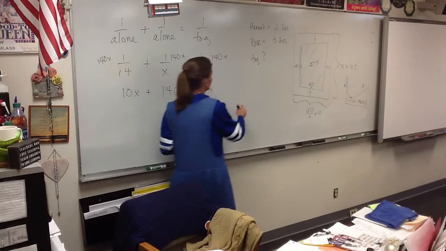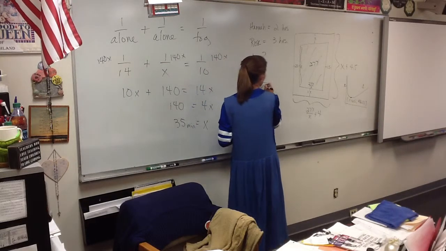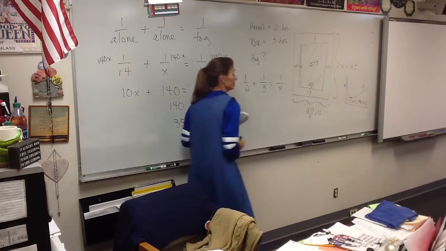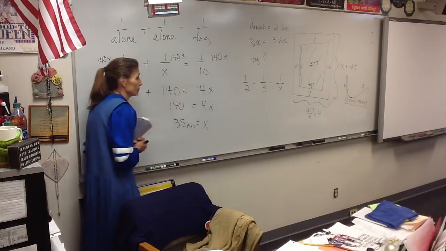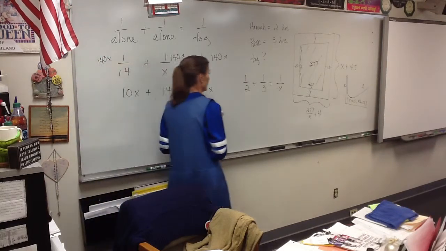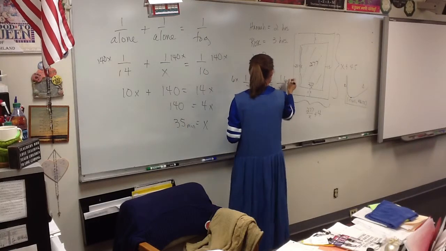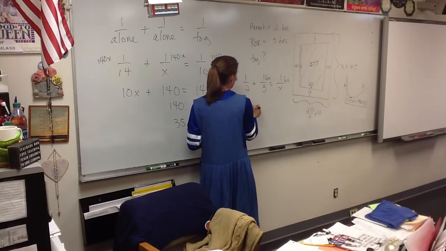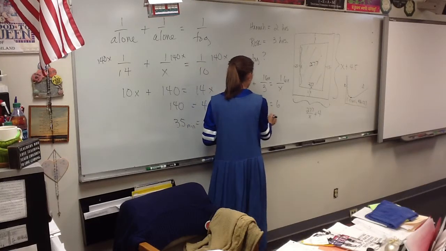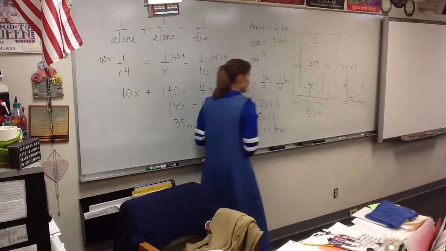What's the setup? 1 over 2 plus 1 over 3 equals 1 over x. Multiply through by 6x. So 3x plus 2x equals 6. And the answer is 6/5 hours.